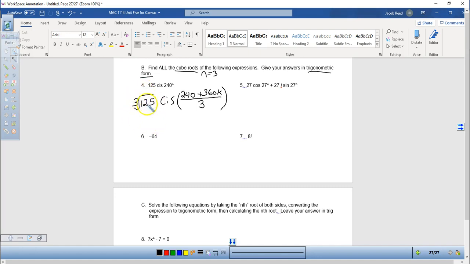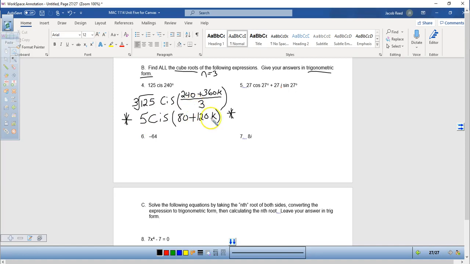Okay, so cube root of 125, that's 5. Cosine plus i sine. Now both of these numbers divide by 3, so I'm going to do that. 240 divided by 3, that's 80. 360 divided by 3 is 120. Don't forget the k. And this is done. That is the answer.